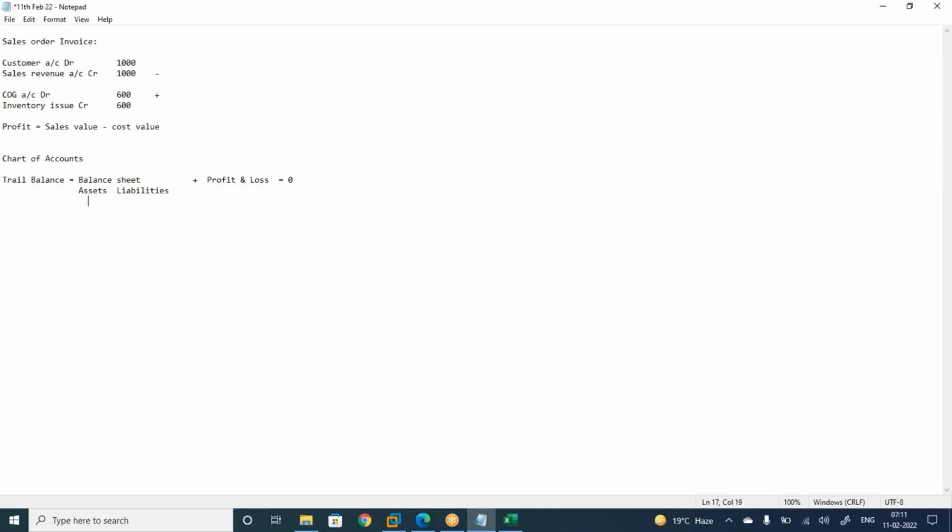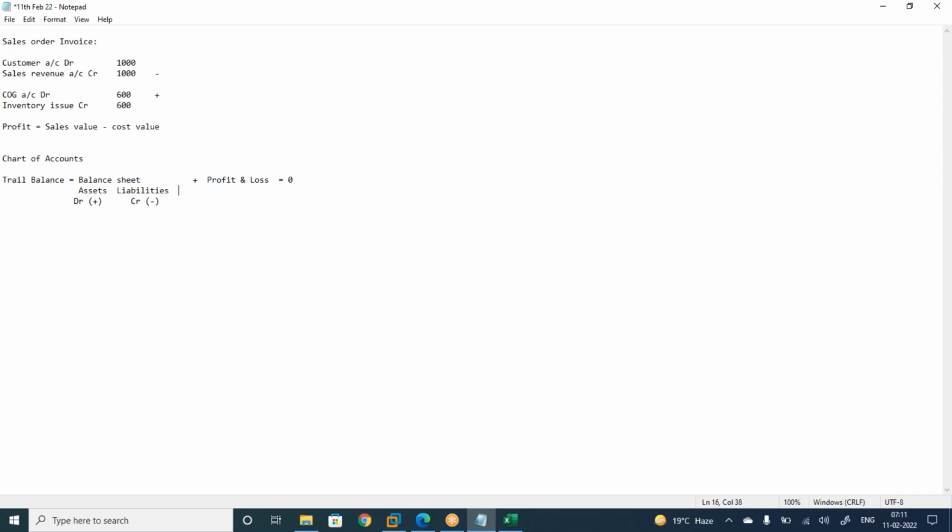Liabilities will be negative. In commerce, we call it debit. In mathematics, it is positive. Liabilities are represented as credit in commerce, but in mathematics, it is minus.